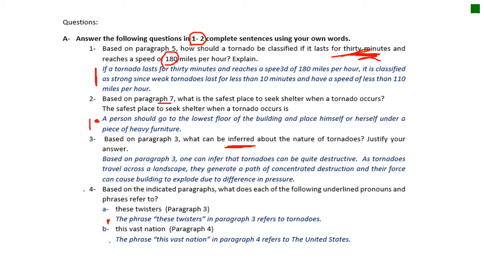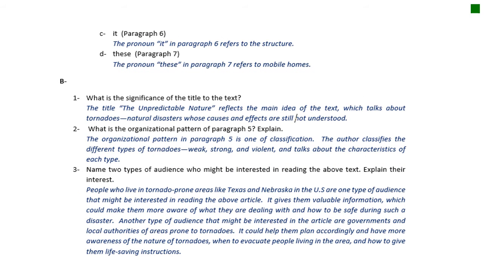The phrase, this vast nation, in paragraph 4 refers to the United States. It, the pronoun it in paragraph 6 refers to the structure. These, the pronoun these in paragraph 7 refers to mobile homes. I hope you got all these right.